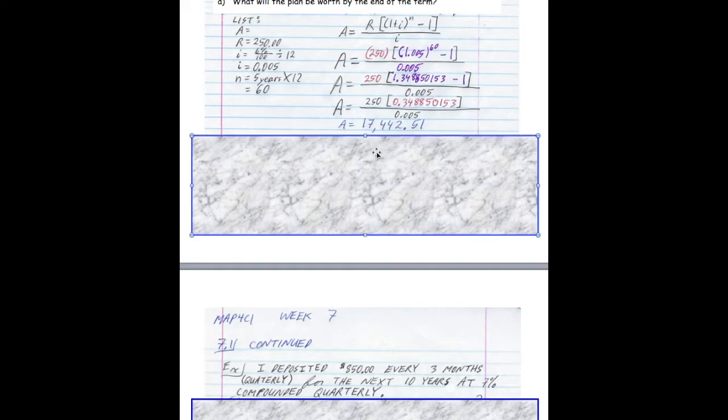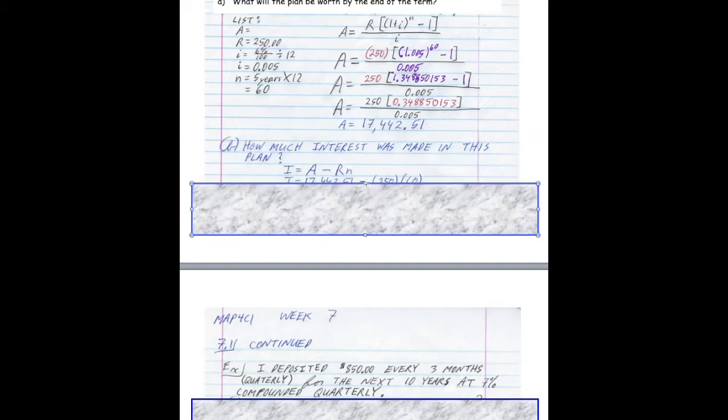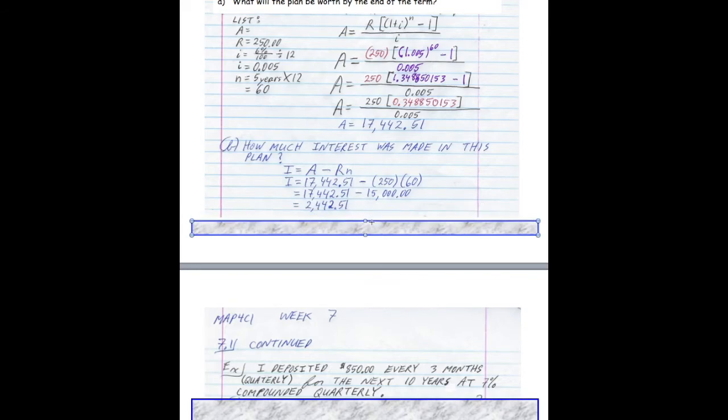But how much did it make over the 5 years? That is why we need to calculate interest. So for these type of problems, the interest is the final amount subtracting your payments times how many payments you made. Let's see what happens.